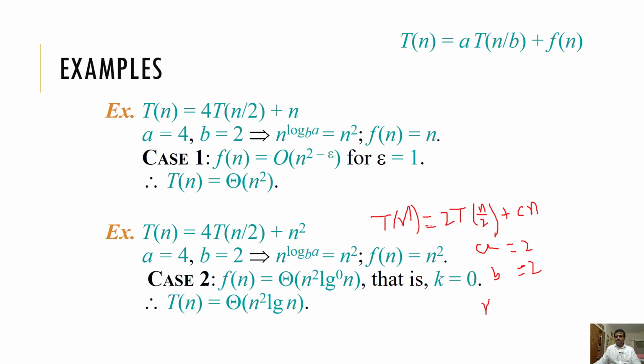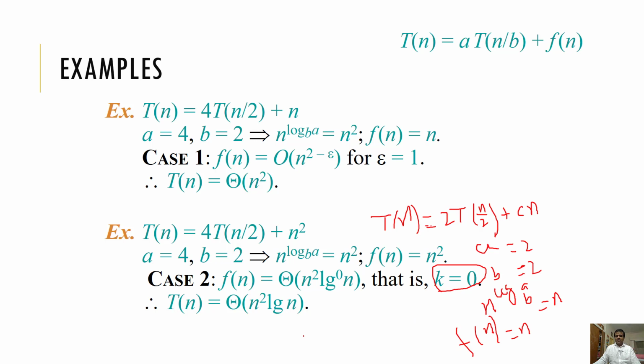So what is n to the power log a base b over here? This is basically n. And what is f(n)? f(n) is also n, or cn. So they are the same, their growth is the same. So this is also case 2 with k equal to 0.